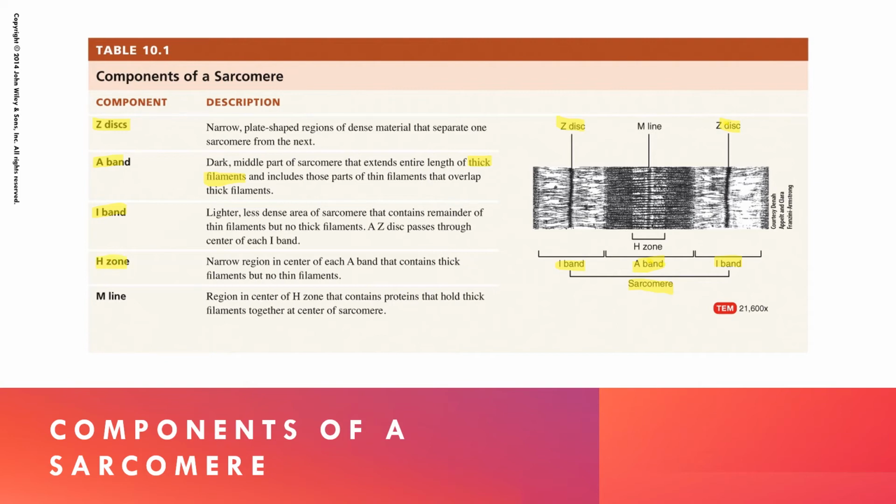You have a narrow H zone in the center of each A band that contains thick filaments, but there's no thin filaments in this area. A mnemonic that might help you to remember the composition of the H and the I bands is that the letter I is thin in appearance, so therefore we're only going to have thin filaments there, and the letter H is a lot thicker in appearance, so we're only going to have thick filaments in that area.